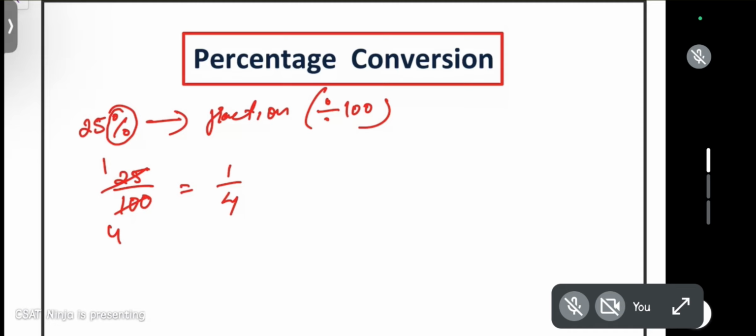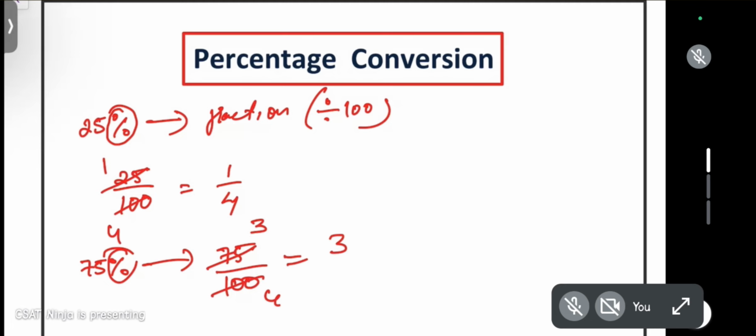Another example: if you're converting 75% to a fraction, since it's a percentage, I'll divide it by 100. 75 over 100, 25 3s are 75, 25 4s are 100, which means 3 by 4.